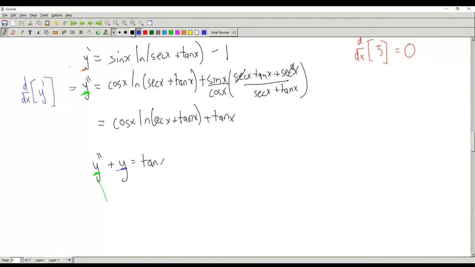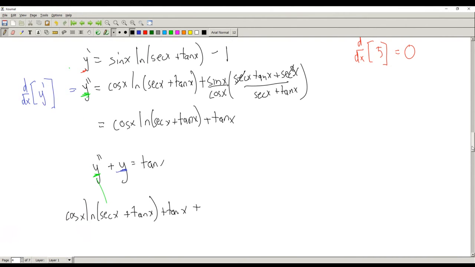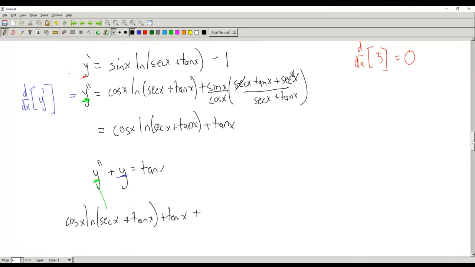Sure, no problem. So now let us do some substitution. So our y prime prime, we have cos x ln of sec x plus tan x plus tan x plus, now our y. Yeah, spot on. I'm sorry, I'm not great with names.